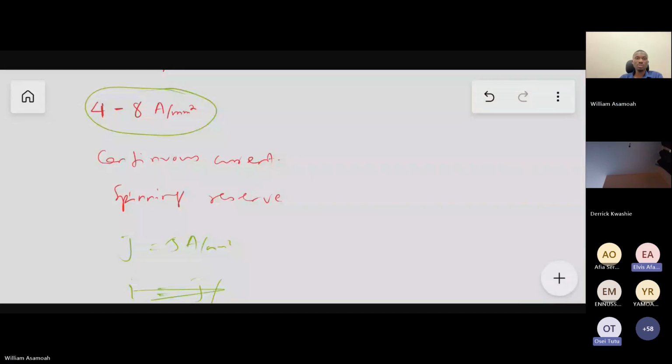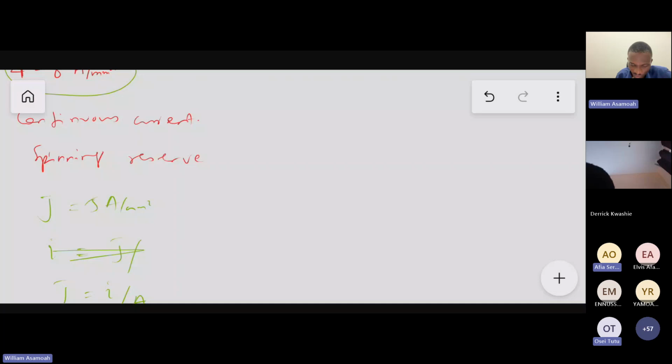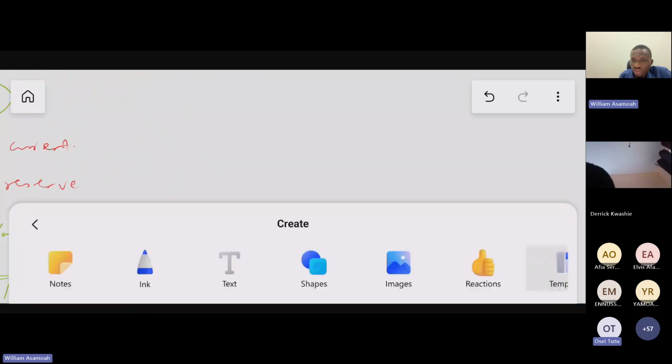So in a particular question where I'm trying to find the resistivity, can I fit the area of the current density into the resistivity and then try to do some calculations? Oh, why not? It depends on what you are looking for. Please weigh in on it.